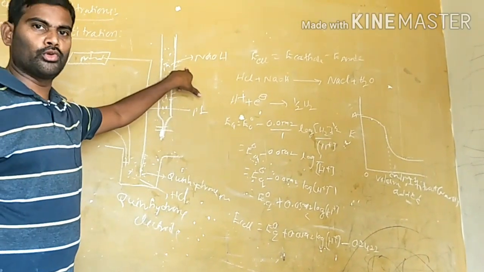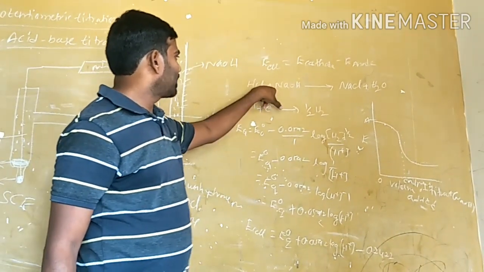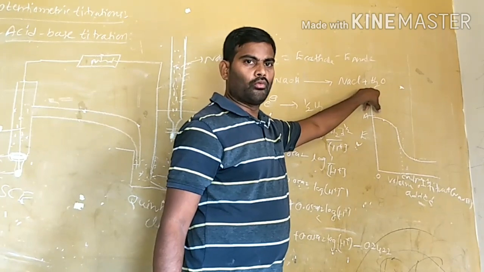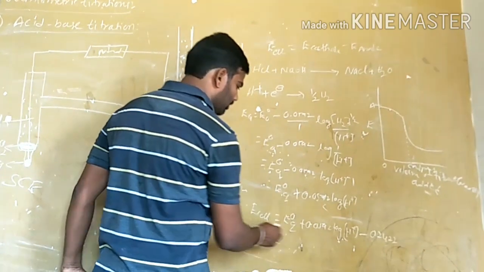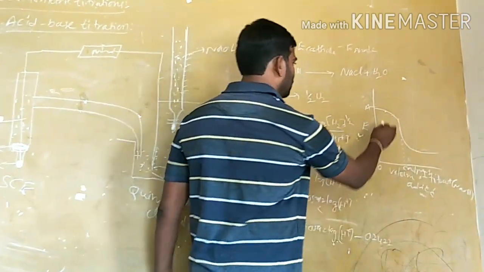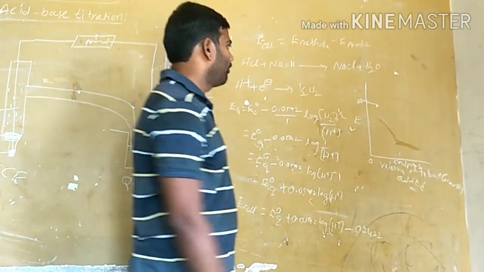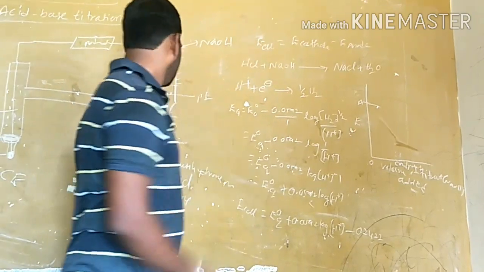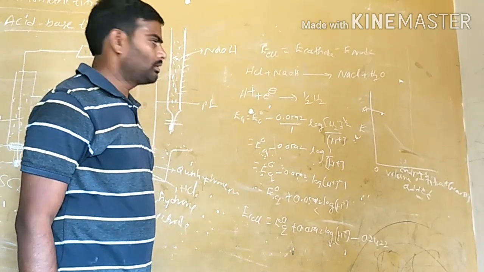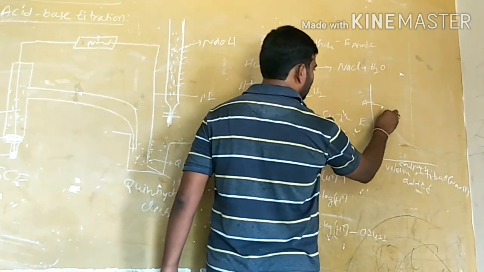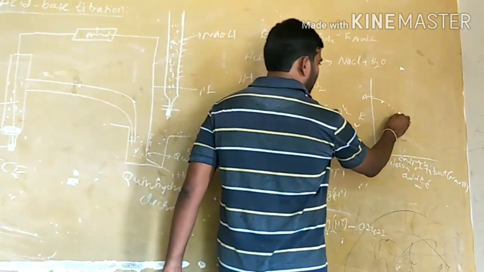Whenever we are adding this base from the burette to the acid, the H plus ions are removed as water molecules. It means as the H plus ion concentration is decreasing, the total E cell value also decreases. That's shown by the gradual addition of base to the acid, the H plus ions will be neutralized, and the potential value will slightly decrease.